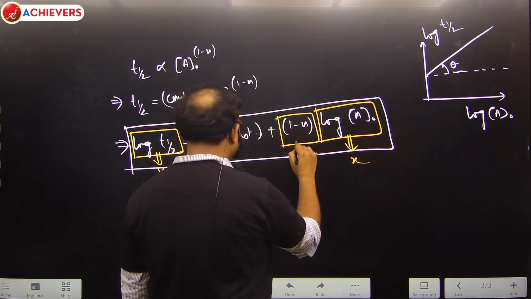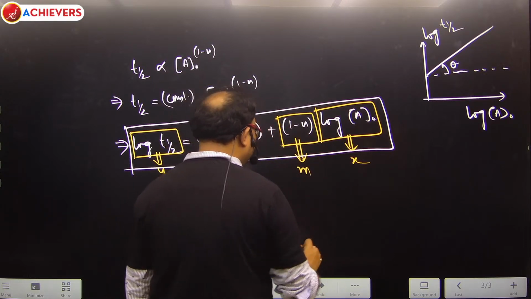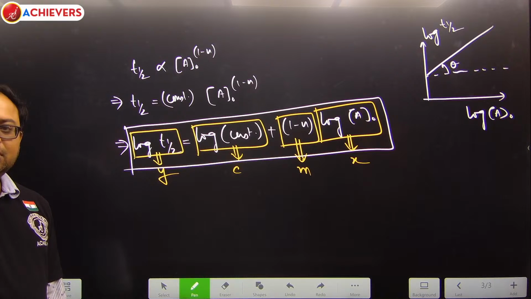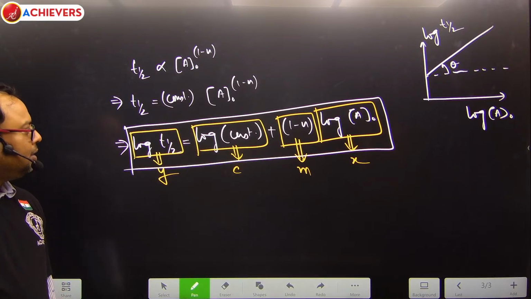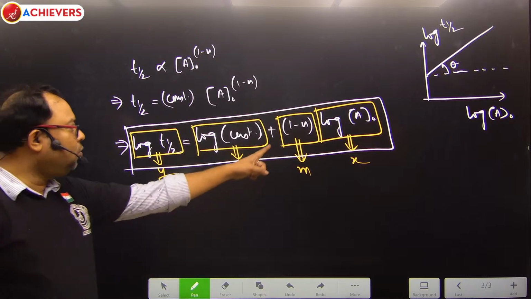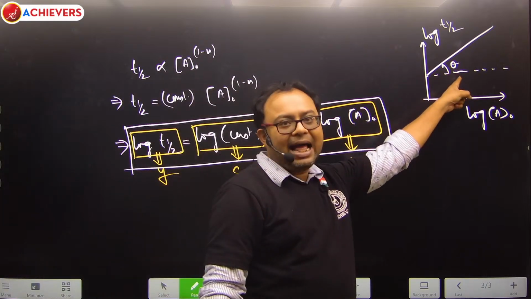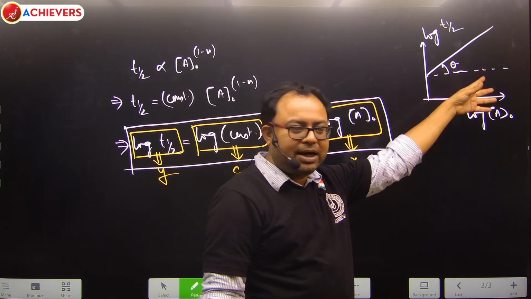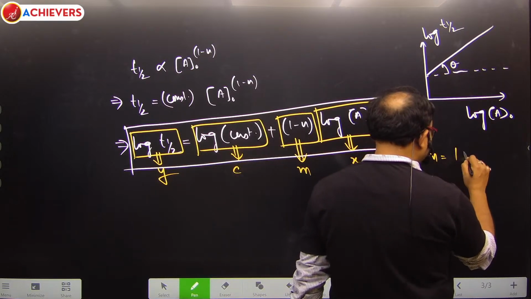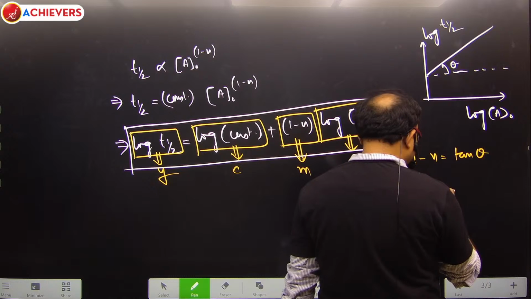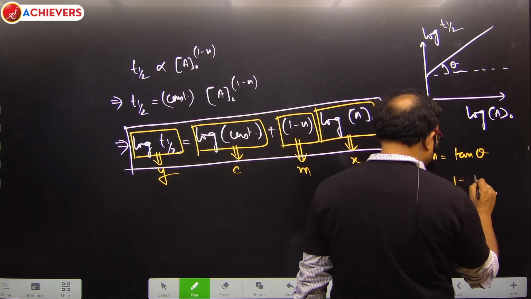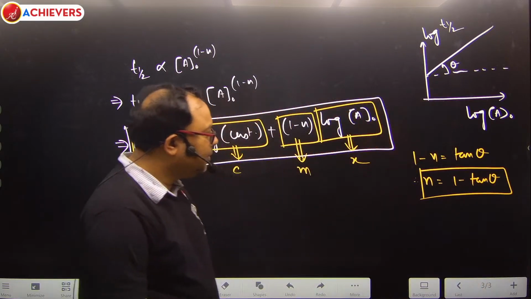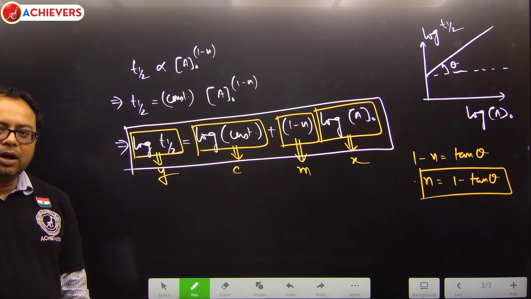So 1 minus n is the slope, and log of constant, another constant, is the y-intercept. So 1 minus n must be equal to tan theta as per the knowledge of straight lines. So 1 minus n is equal to tan theta. That means n equals 1 minus tan theta. So this is the order of the reaction.